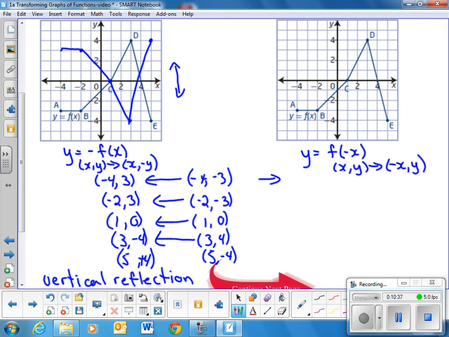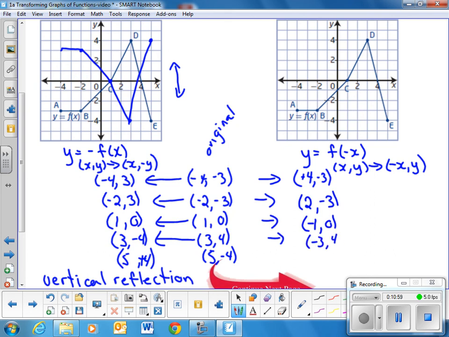So in each of these points, remember to be using your original points. The x value changes, so it's going to become positive 4, negative 3, positive 2, negative 3, negative 1, 0, negative 3, 4, and negative 5, negative 4.